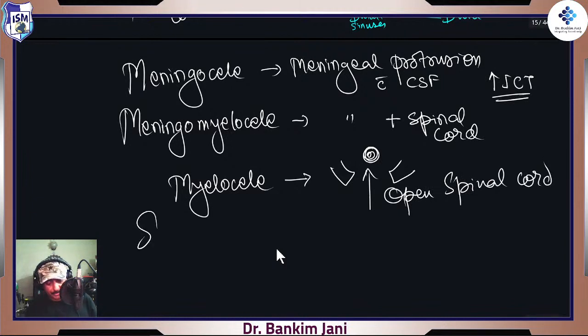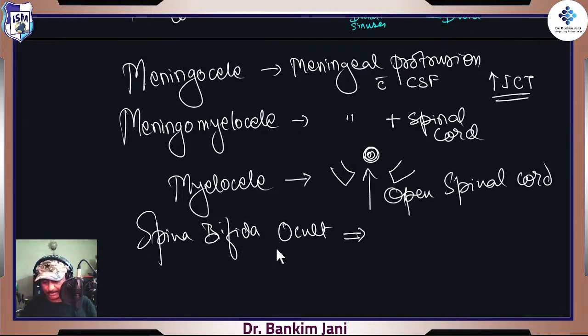And when we say spina bifida occulta, occulta means hidden, something which is not very much known. So this spina bifida is hidden. How is it hidden?